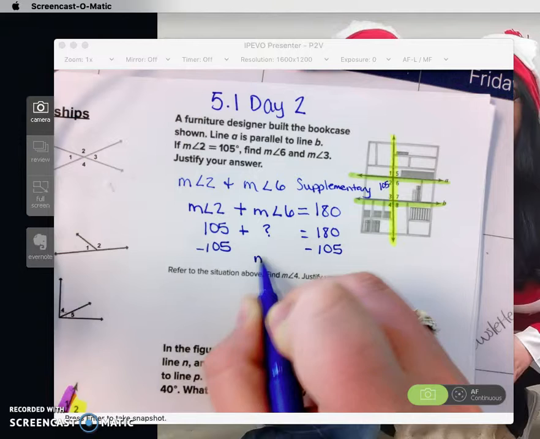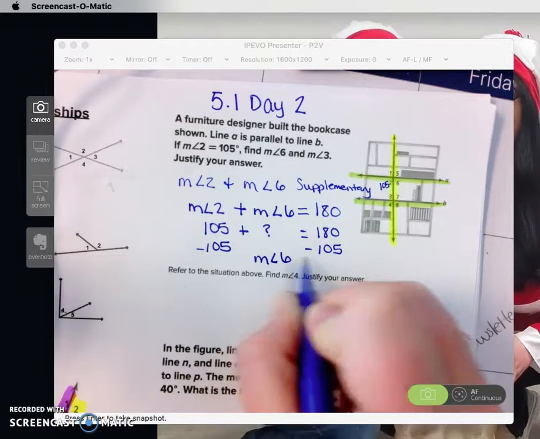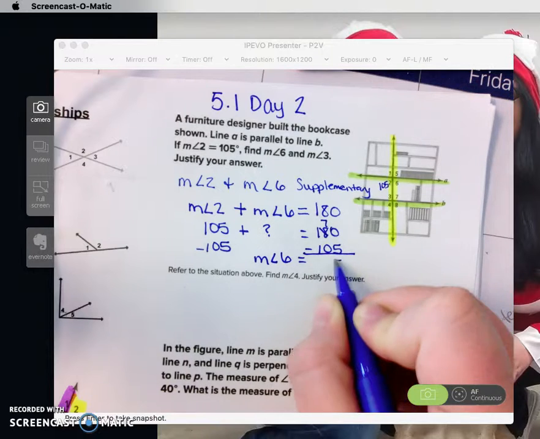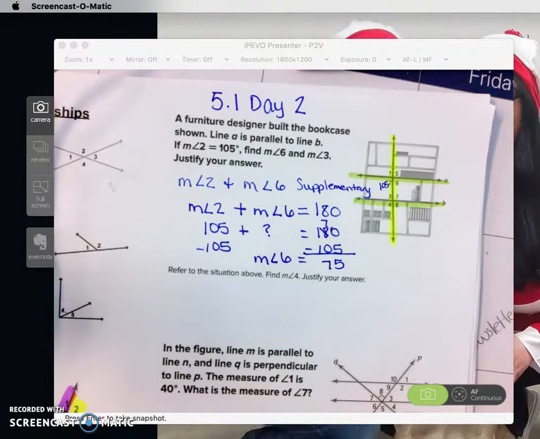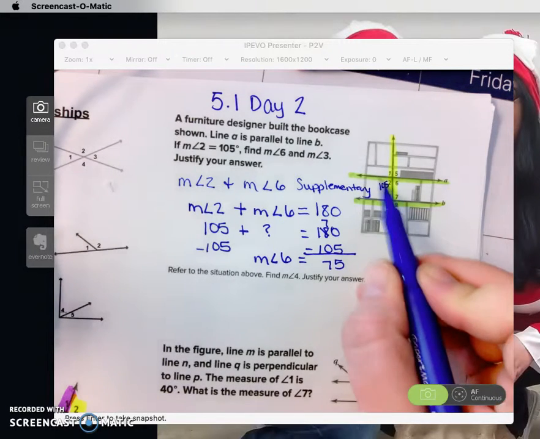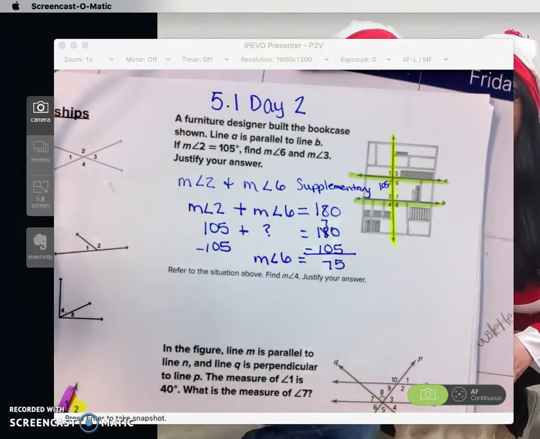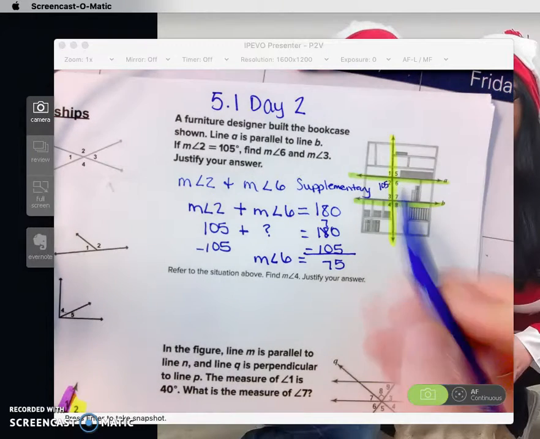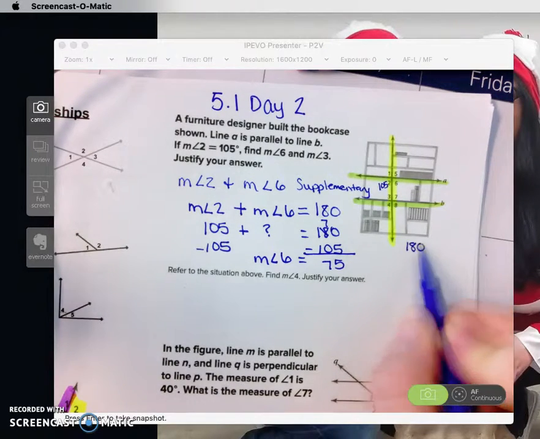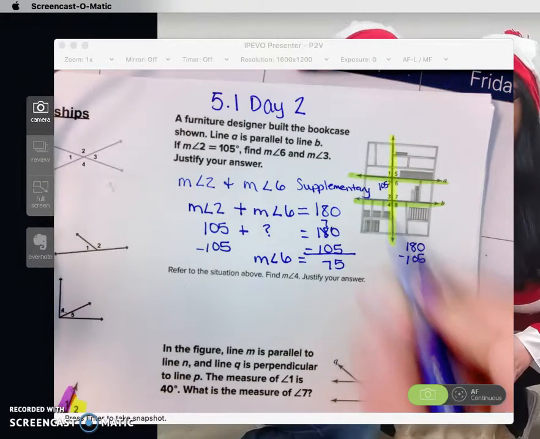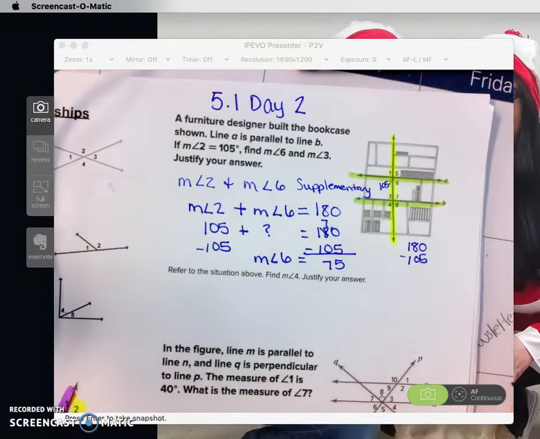And then the measure of angle 6 is equal to 75 degrees. Because they create this line here, this one plus this one has got to equal 180. Now if they're on a straight line, you can just show your work of 180 and subtract that 105 or that known angle, and I would be okay with that.